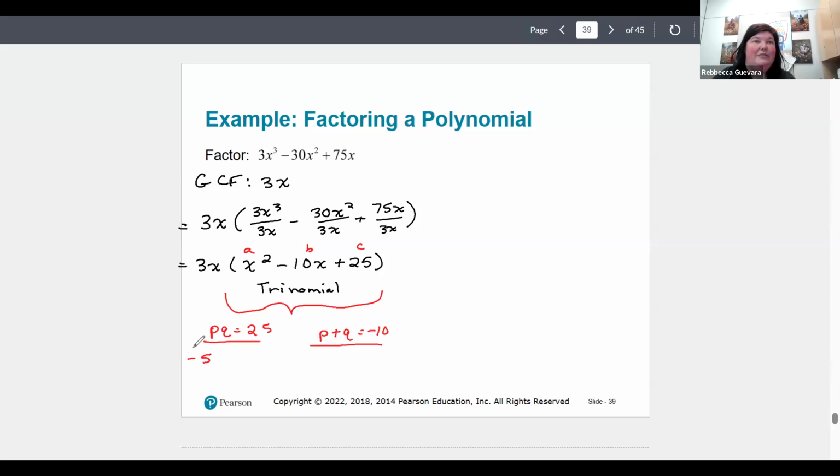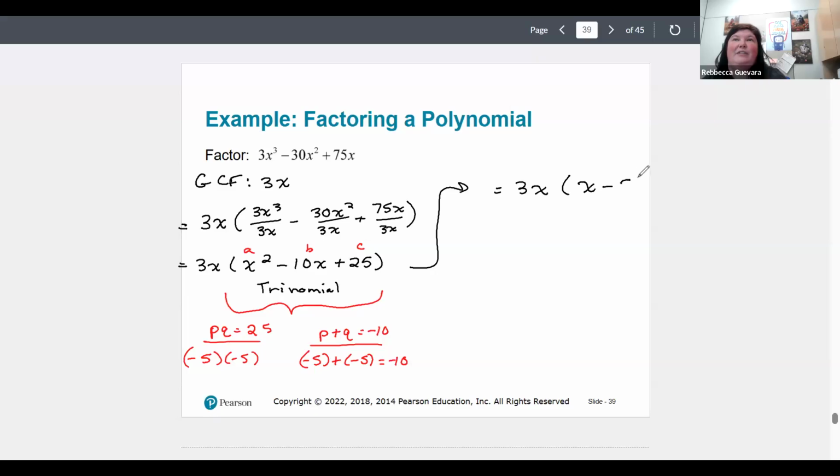Well, negative 5 times negative 5 would give me 25, and negative 5 plus negative 5 would give me negative 10. So the trinomial part that we had in red is just going to be x minus 5, x minus 5, which if we simplify that, it is just 3x, x minus 5 squared.